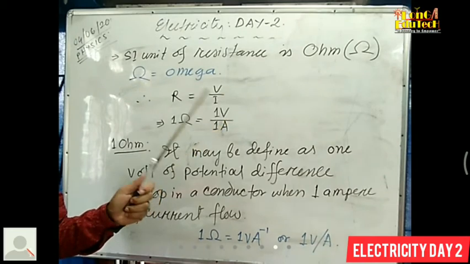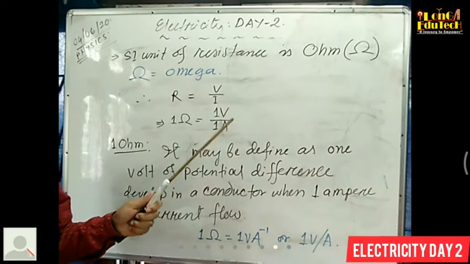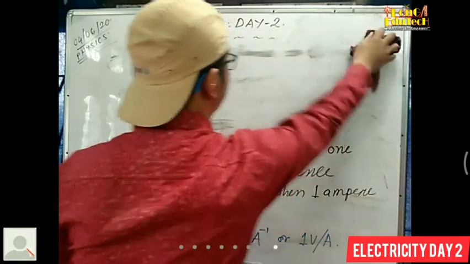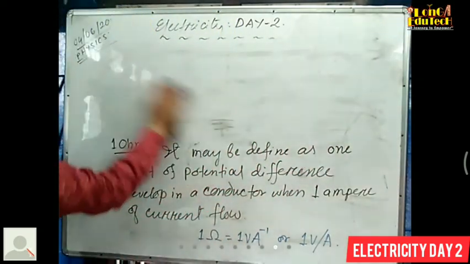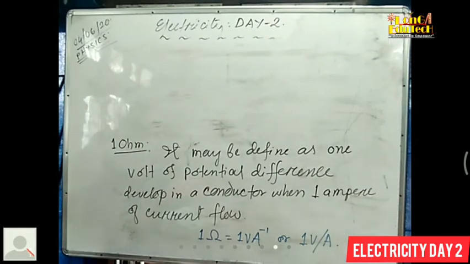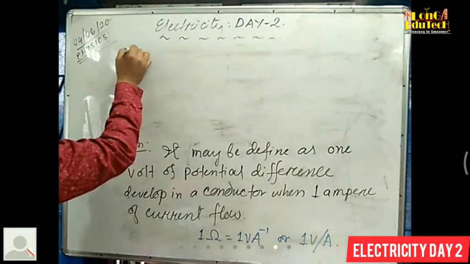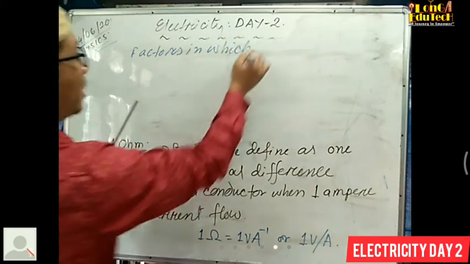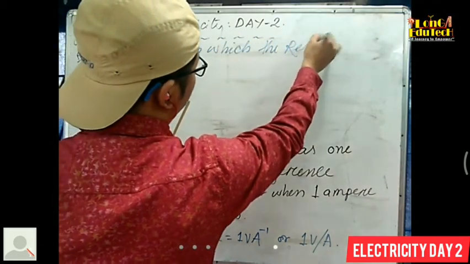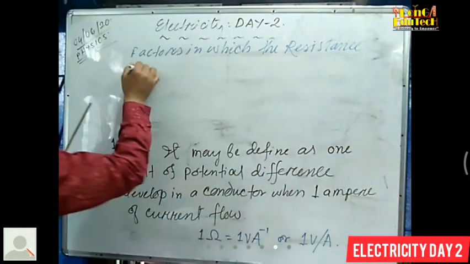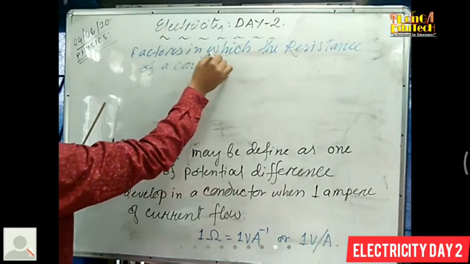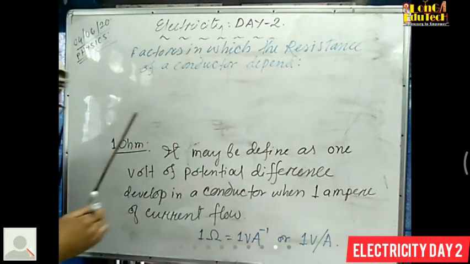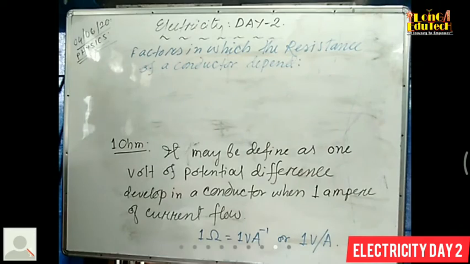Okay, so here are the factors on which the resistance of a conductor depends. What are the factors on which the resistance of a conductor depends?